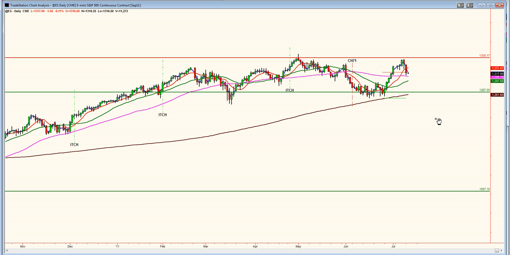So right now, let me give you an example of what's going on. Right now we're looking at the S&P futures, which is one of the main gauges we look at to determine general market direction. But what we see here is, after a long trend, we've now entered a consolidation period.